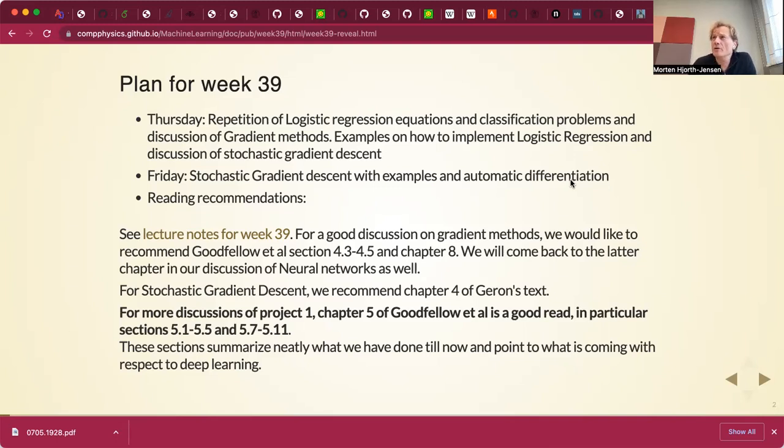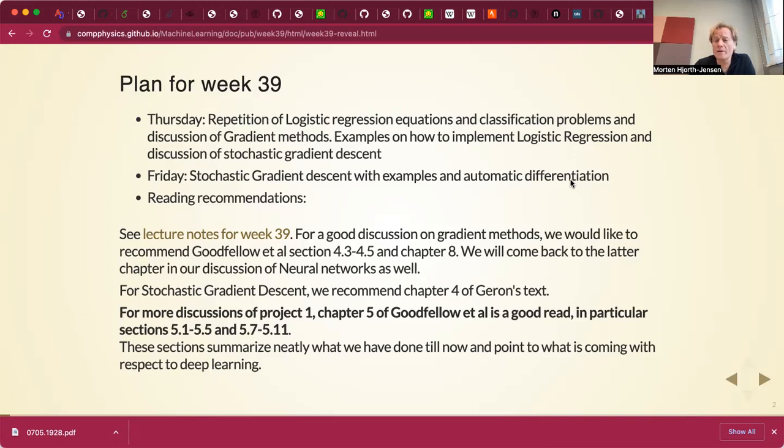The examples we are going to look at link up both with logistic regression and the standard linear regression, and we saw last week for some of the examples for linear regression that we actually ended up getting the same expression when we operated on the full data set which entered the calculation of the gradient.